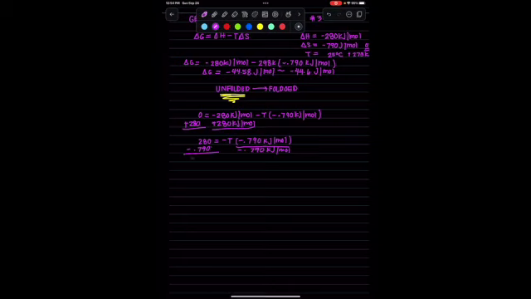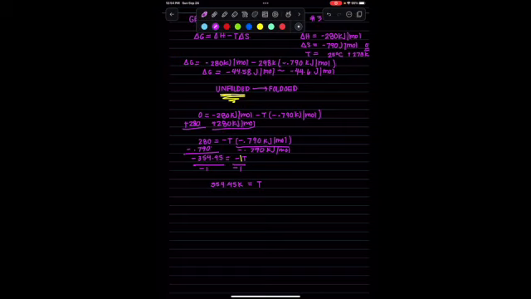And we get negative 354.45, which equals a negative T. But remember, there's an imaginary 1 with that negative sign. So we're going to divide by negative 1, which will give us 354.45 Kelvin is equal to our temperature at which our protein will unfold.